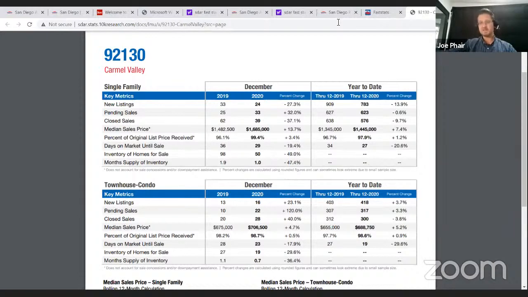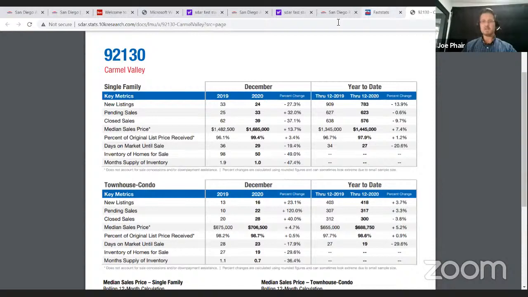Next month, you'd be looking at January of 2021 compared to January of 2020. You're not going to compare December of 2020 to June of 2019 because they're different times of year. We have a higher rate of sales during the spring and summer. Does that make sense? Okay. So that's why you always go year over year. You look at the same time in the previous year compared to what's happening now.